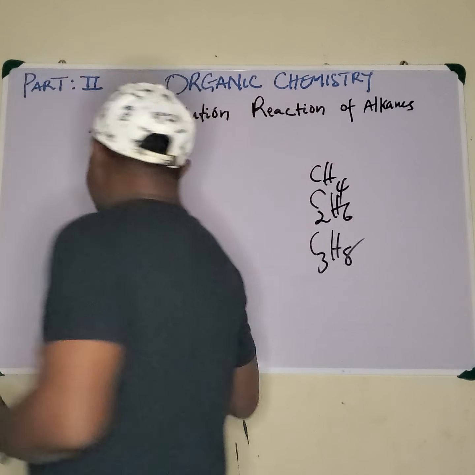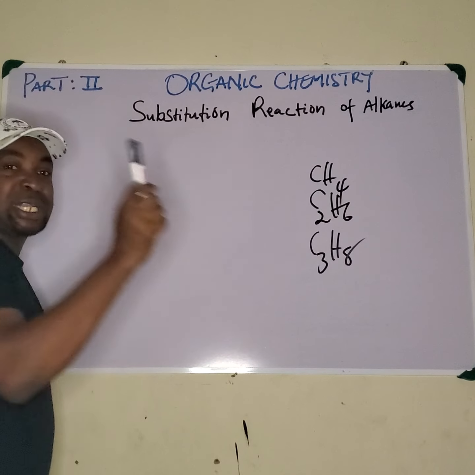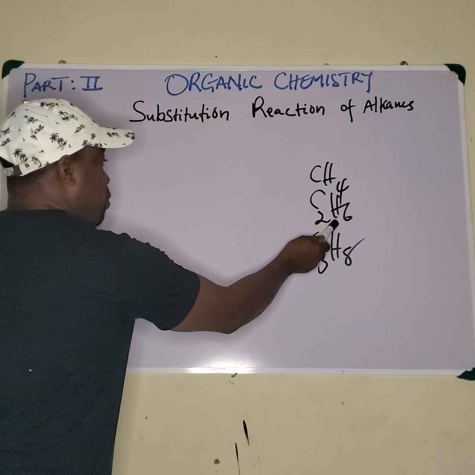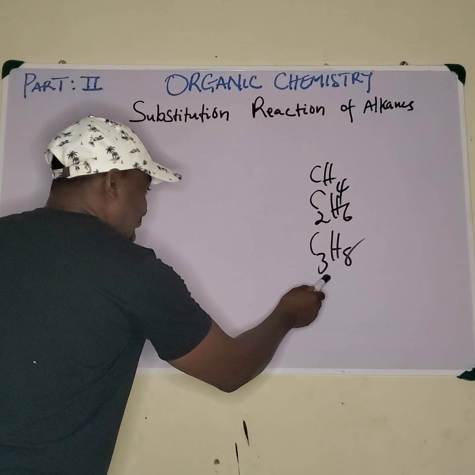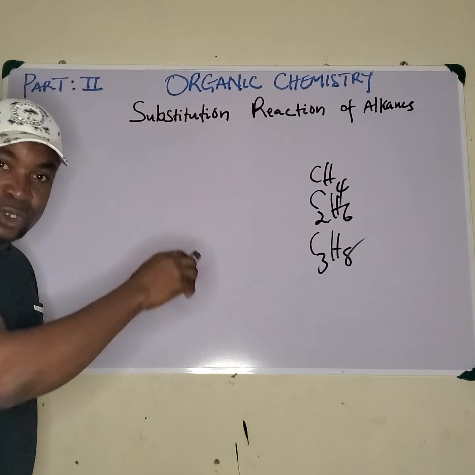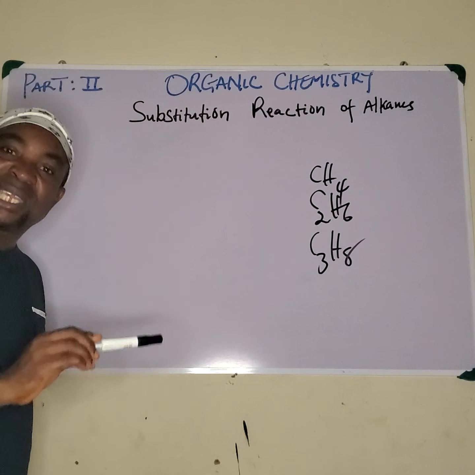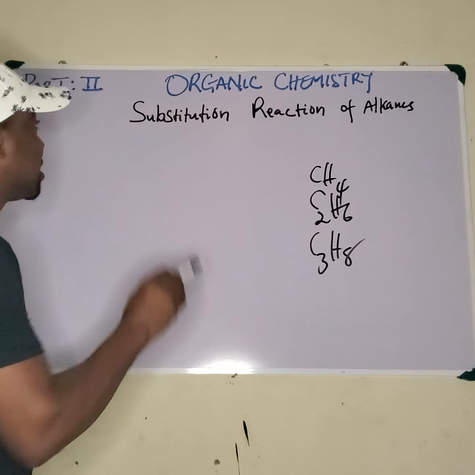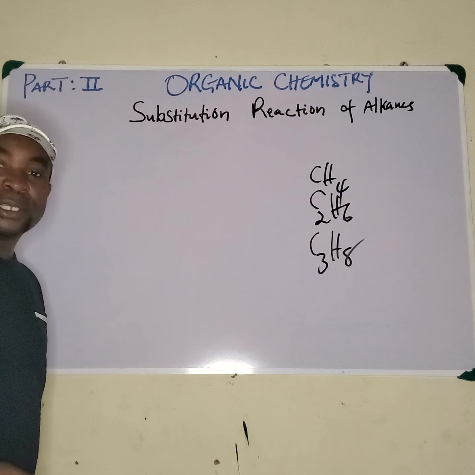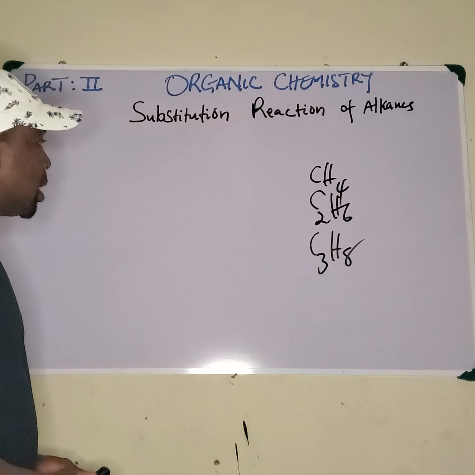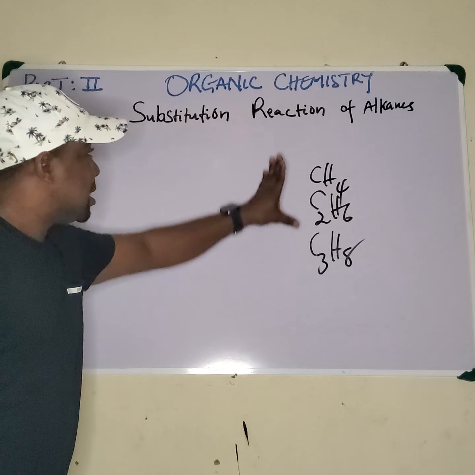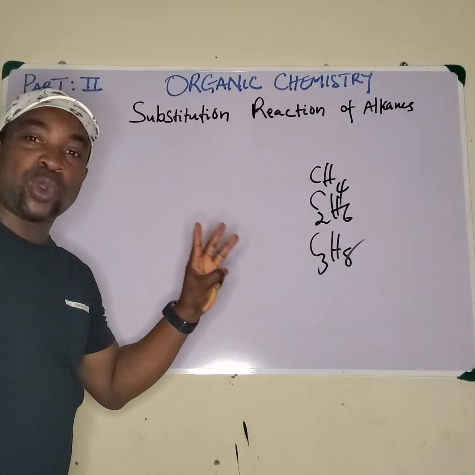Whatever chemical property methane is undergoing is applicable to ethane, propane, butane, till the last, which is decane, the 10th alkane in the series. So these alkanes have similar chemical properties.